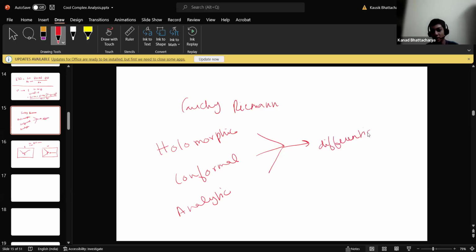If you're reading and you see, oh my god, this is holomorphic, that's conformal, that's analytic, they're all the same. Their root definitions are kind of different in the context of complex analysis, but these terms mean the same.